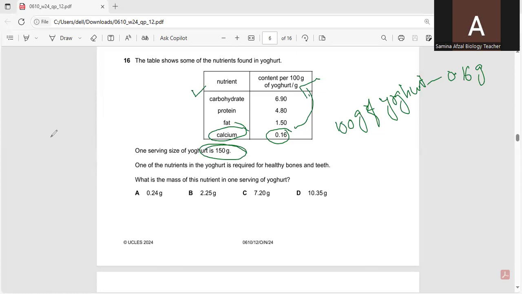So we have to calculate it in 150. In 150 gram of yogurt will contain 0.16 over 100 multiplied by 150.